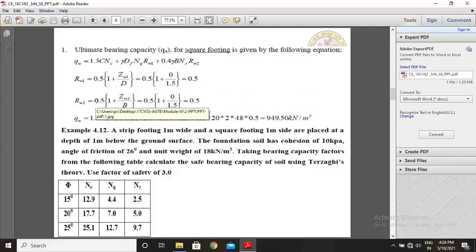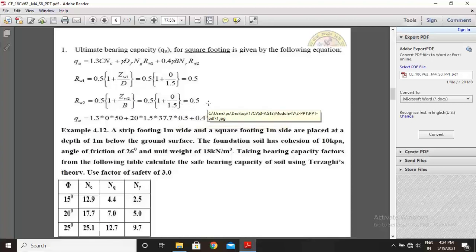Similarly, you calculate RW2. So substitute the values in this equation. 0.5 times 1 plus ZW2 is 0 divided by B is 1.5. So the answer is 0.5. After calculation of RW1 and RW2, now you substitute the values in the ultimate bearing capacity equation.